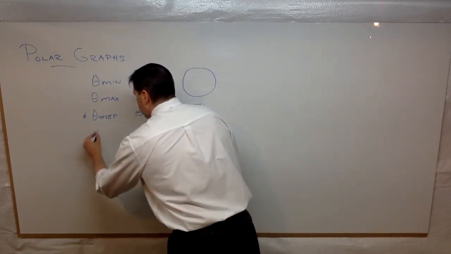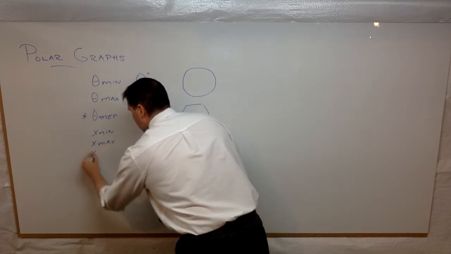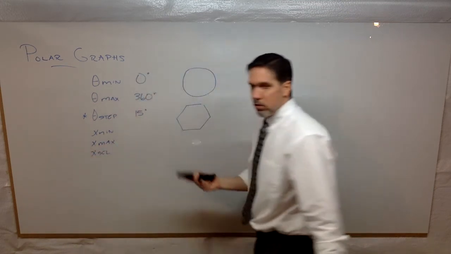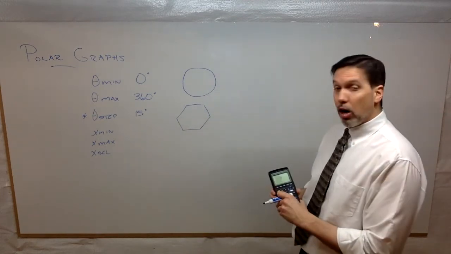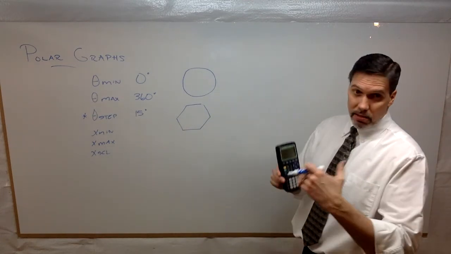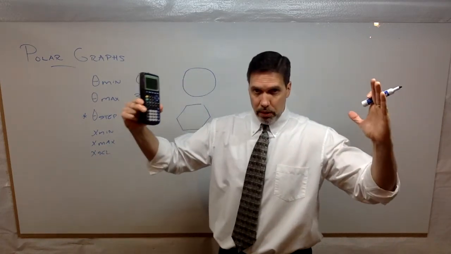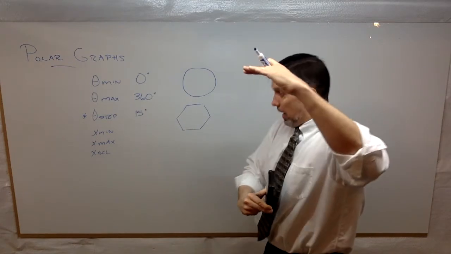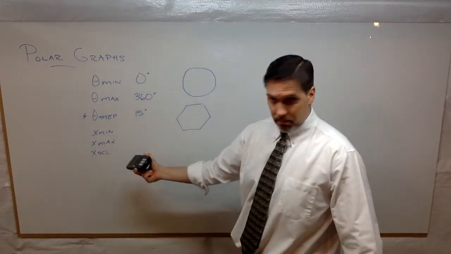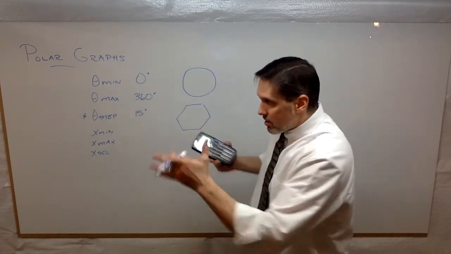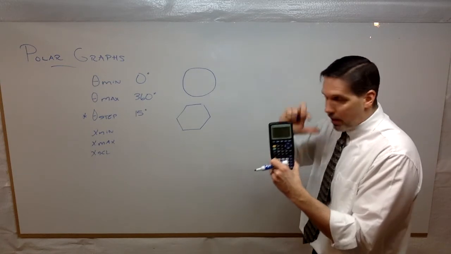Then X-min, X-max should be familiar, and X-scale are your next choices. These are exactly what we would think of in terms of the Cartesian coordinate system. Because we're in polar coordinates, true enough, but it's really sizing up your window left to right, up, down. So this is, like I said, Cartesian coordinate information, but it's kind of helping you out with this calculator, with this rectangle here.